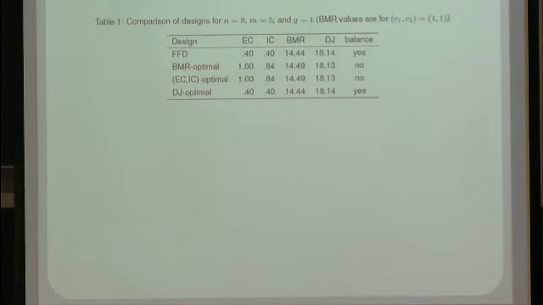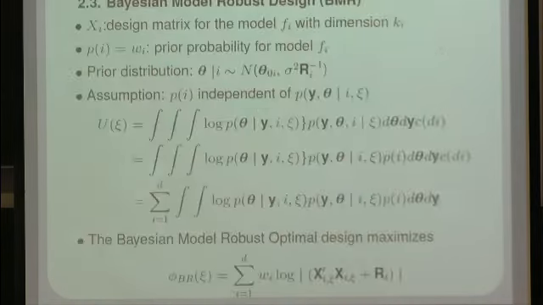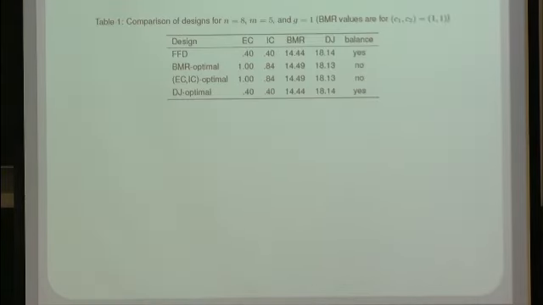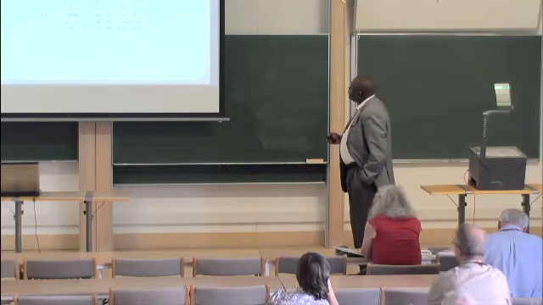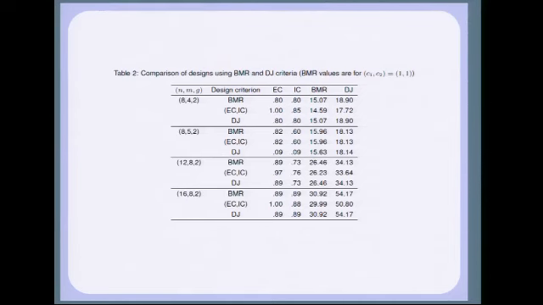And for the model robust design, we have values that are almost close, and the same for the Jones and DuMouchel. But we notice that in terms of balance, the fractional factorial design is balanced, and the DuMouchel and Jones is balanced.